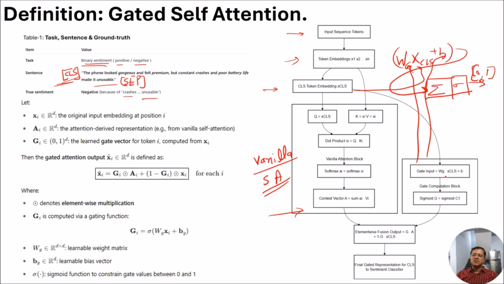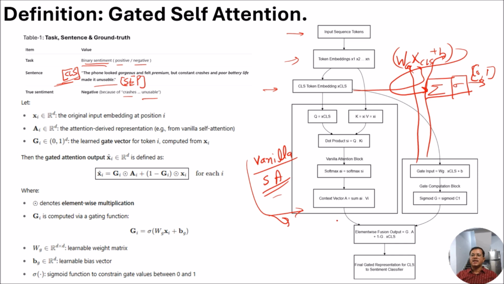Now we will use the importance computed here for the gate to decide what amount of importance we have to give to the vanilla self-attention for the CLS token coming from here, or what amount of importance we have to give to the actual embedding of the XCLS token.